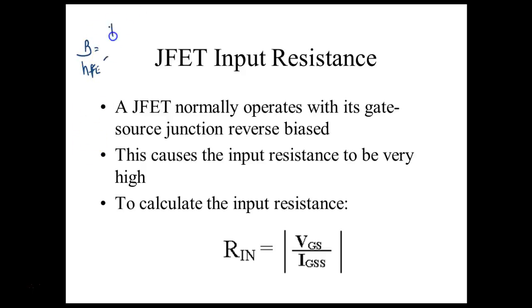And this is equal to IC divided by IB. Well, the problem is on a JFET, we're not using an input current. We're using an input voltage. So the gain of a JFET is going to be equal to ID divided by the gate to source voltage.